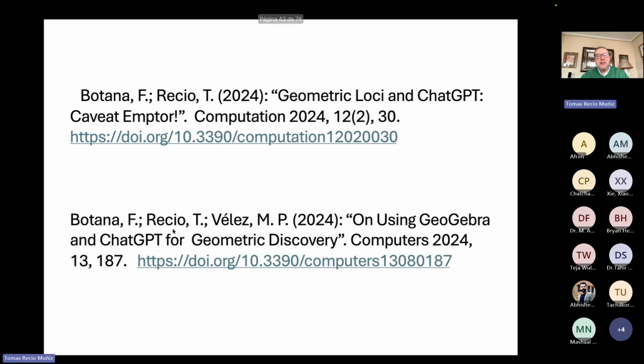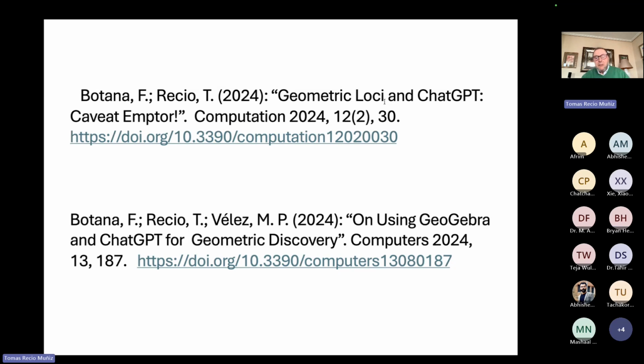This is very interesting, and these are some recent papers that we have done concerning this topic. In the first one, we check ChatGPT on geometric locus computation, and we verify that ChatGPT makes a lot of mistakes, which is very normal.